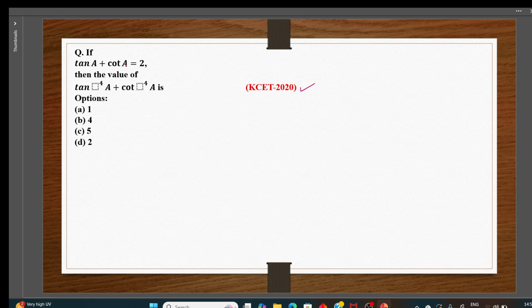If tan a plus cot a is equal to 2, then the value of tan to the power of 4a plus cot to the power of 4a is what?